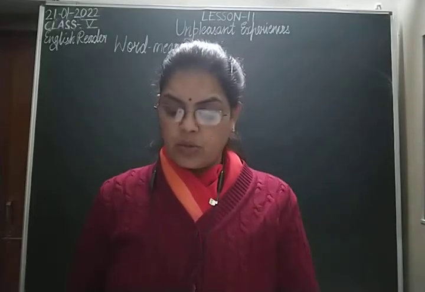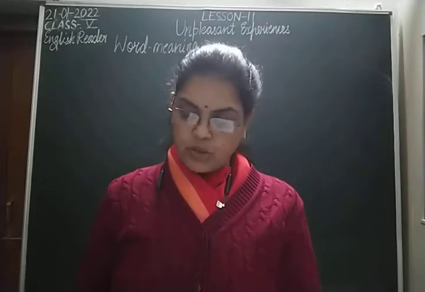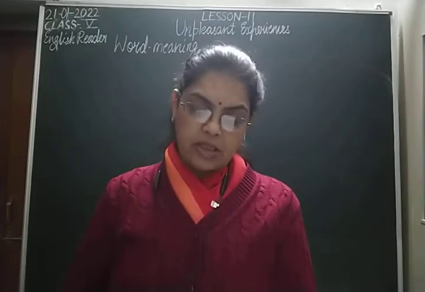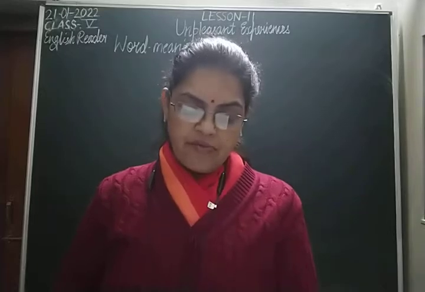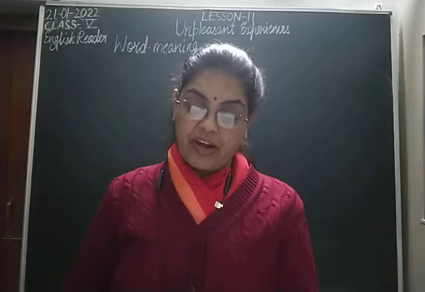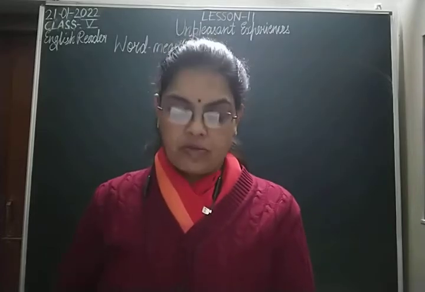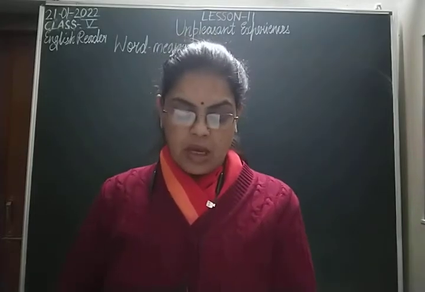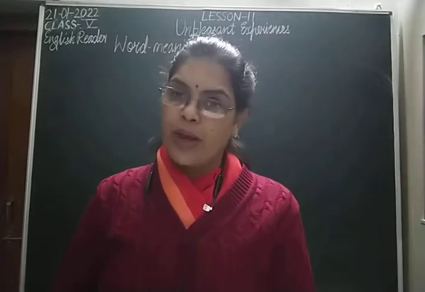Then the 14th word is convey. And convey means to communicate, अपनी बात दूसरे तक पहुंचाना. Then the 15th word on page number 108 is affection. Affection means लगाव, that is love, friendship. Then the 16th word is whereabouts.